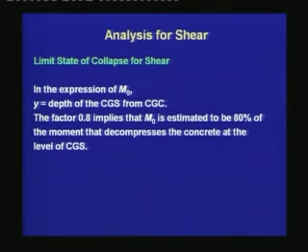The factor 0.8 implies that M0 is estimated to be 80% of the moment that decompresses the concrete at the level of CGS. From this, we get the expression M0 is equal to 0.8 times fpt, which is the compressive stress in concrete at the level of CGS, times I by y, where y is the distance of the CGS from CGC.